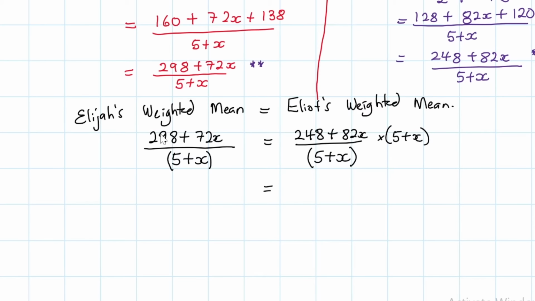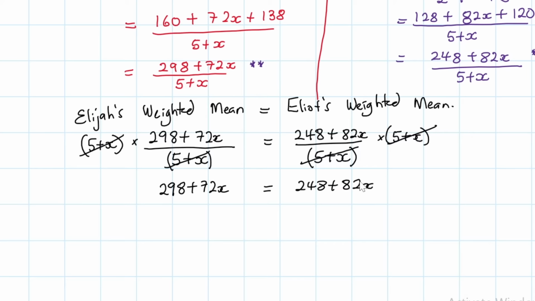The effect is the same. This goes with that, and we end up with 298 plus 72x is equal to 248 plus 82x. You can also cross multiply and still arrive at the same answer.